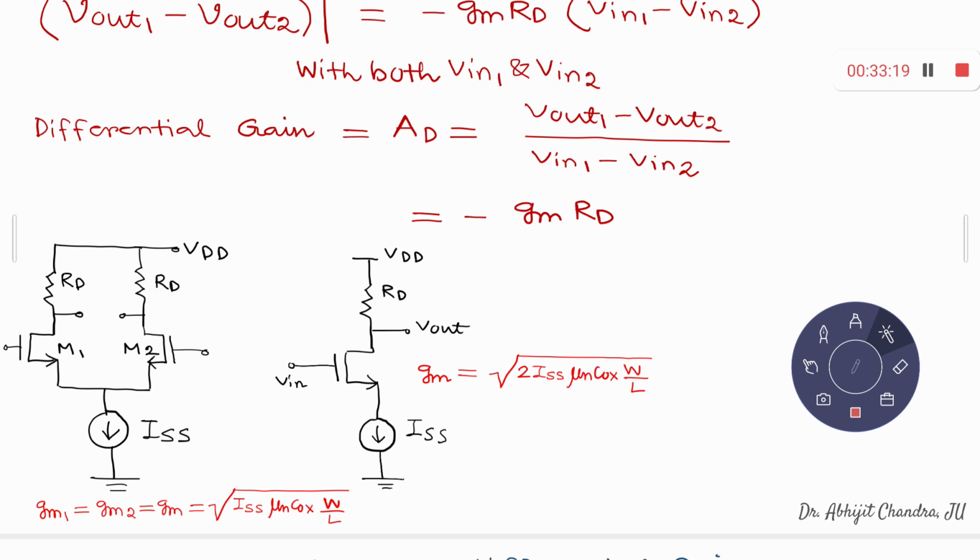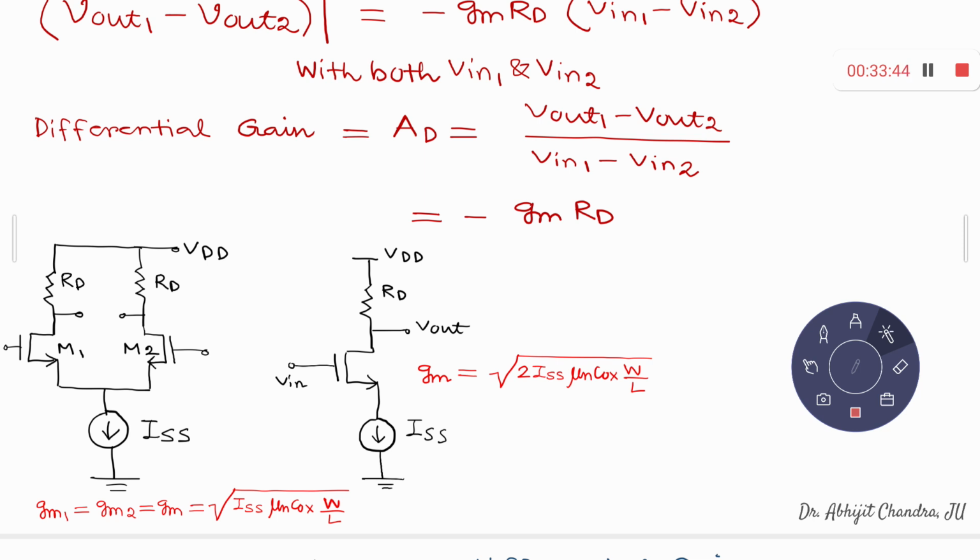But remember the GM value that you are getting in both cases is not the same. Why? Because you know the expression for GM is the square root of twice mu Cox W over L times ID. Even if both share the same W and L, same mu, same Cox, this particular MOS is carrying the entire ISS, whereas M1 and M2 each carry half of ISS under DC condition.